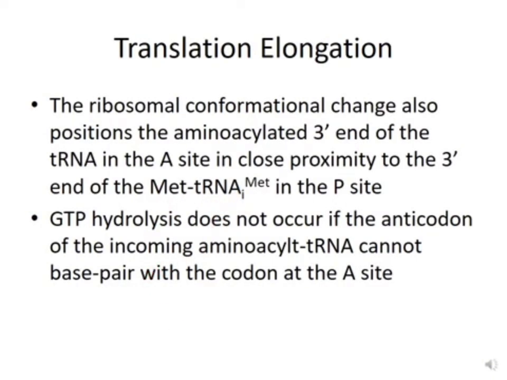And as I mentioned twice already, GTP hydrolysis is not going to take place if there is no base pairing between the anticodon and the codon at the A site. Once this hydrolysis takes place, the conformational change happens and there's a stronger bond between the tRNA and the mRNA and the ribosome in general, which prevents the tRNA from being diffused away from the ribosome.